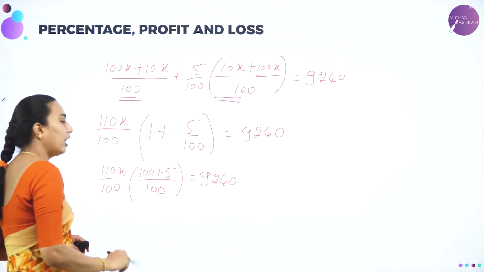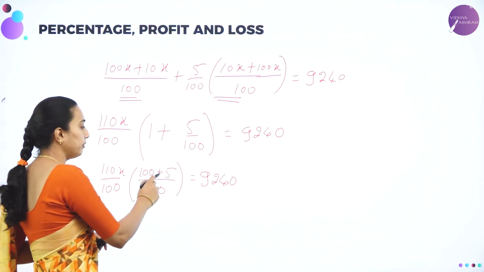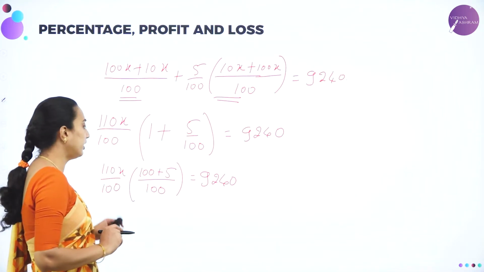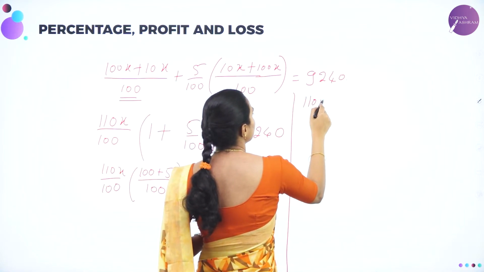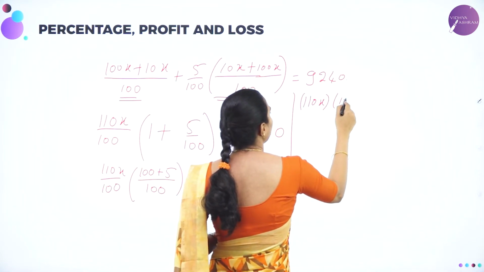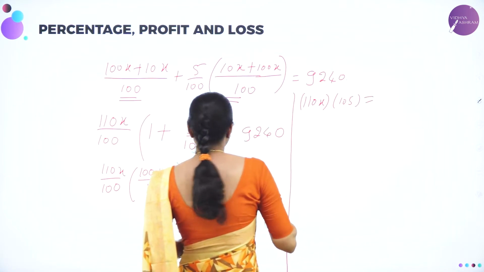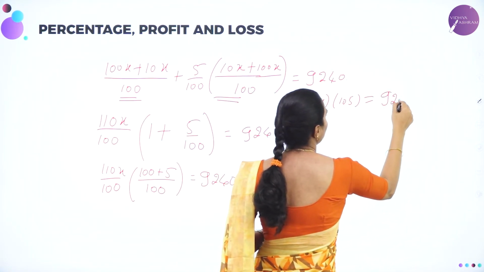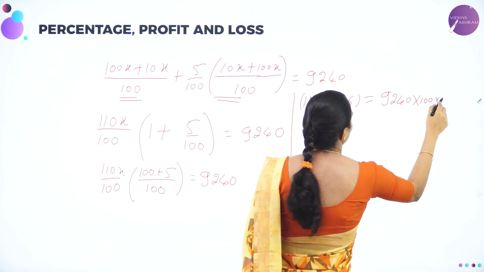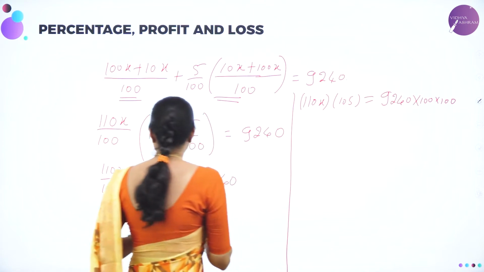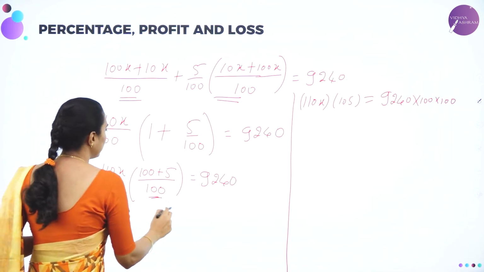9,240. Now we have 100 plus 5 is 105 into 110x. So you have 110x into 105 equal to 9,240 into 100 into 100. Correct? Both these denominators of 100 come to this side.